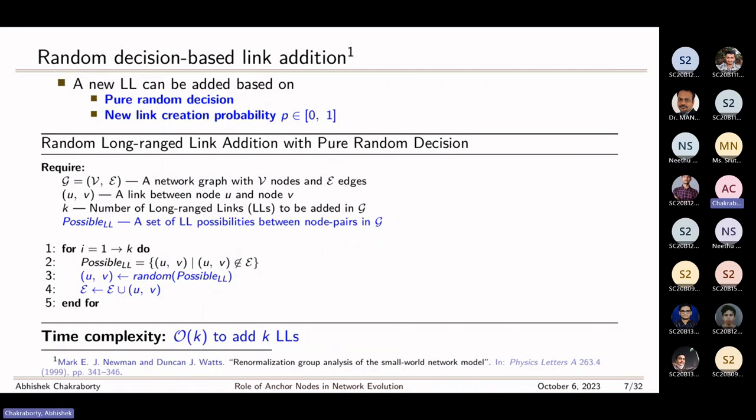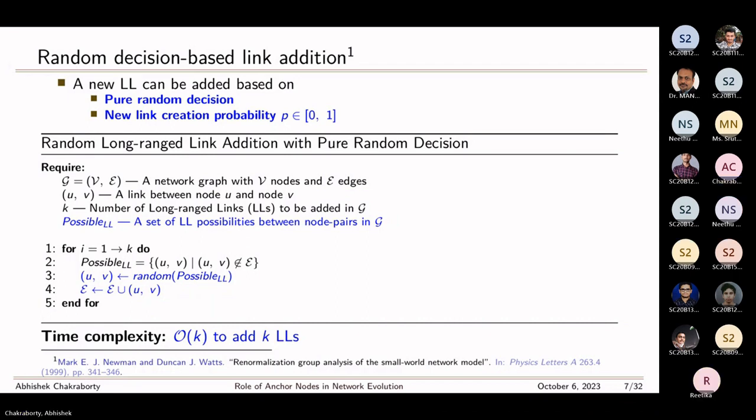For example, when we go for the second link addition, we again pick a random node U and random node V, then we check whether they are already connected or not. The link added the first time is already in E in line 4, so it will show that U and V are already connected.